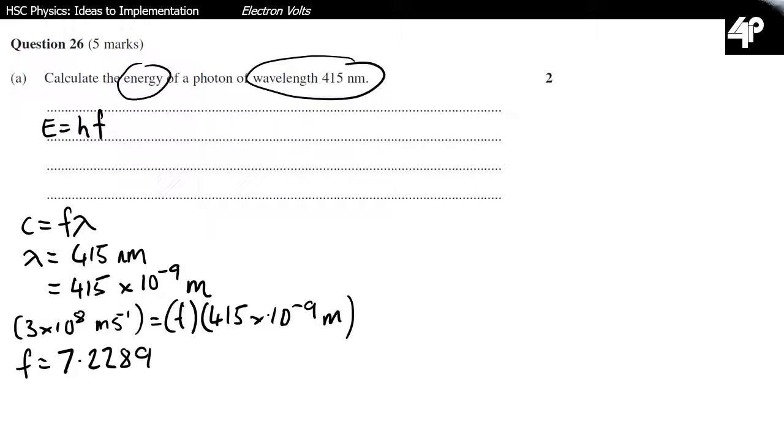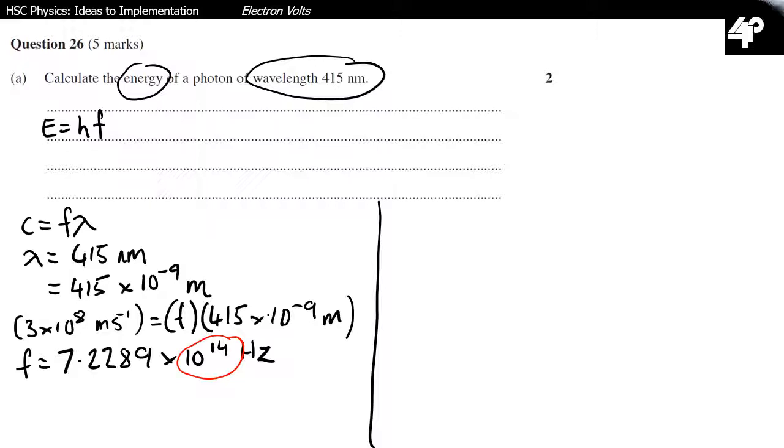The next digit is a 1, so we might just round off there, times 10 to the 14 hertz. Typically, frequencies of photons in the visible light part of the spectrum, by the time you do these a few times, you start recognizing that they're in this range of 10 to the 14 hertz. It's a very high frequency.